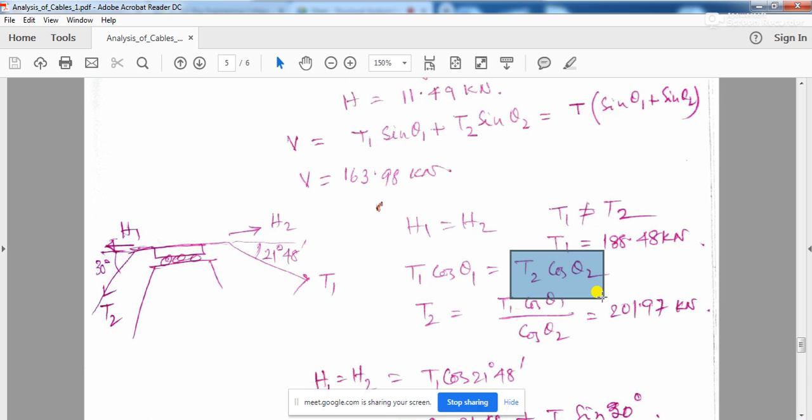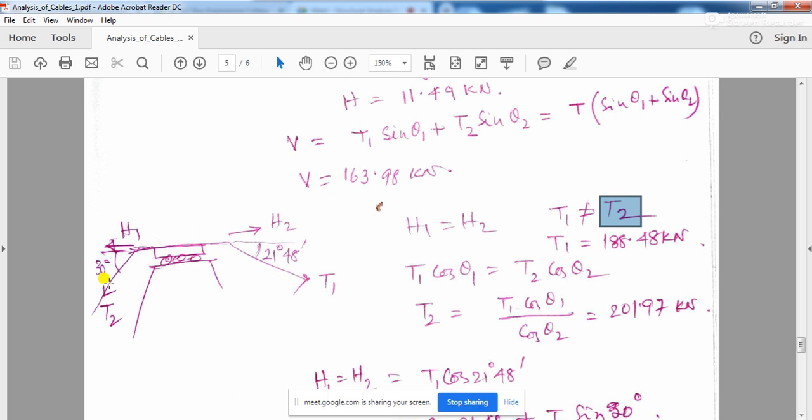And here is the thing you should understand: you know the value of T1 but you don't know the value of T2, because in case of saddle support, this T1 and this T2 may be different, which is not the case in case of a pulley. In that case you have T1 equal to T2.